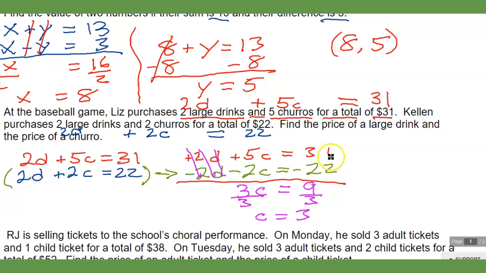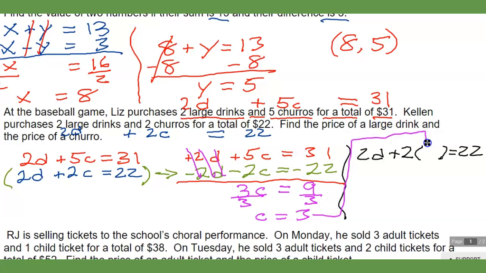Okay, so let's go back to either equation. I'll use the bottom one. 2D plus 2C equals 22. So I took my C, substituting it in right here.